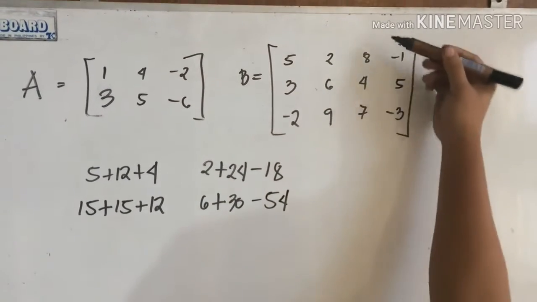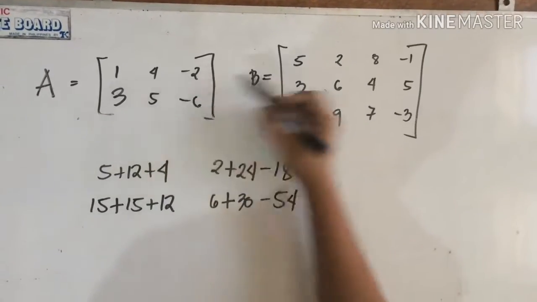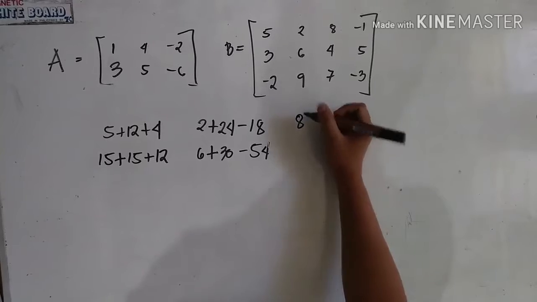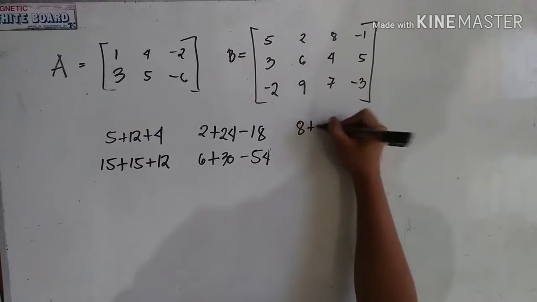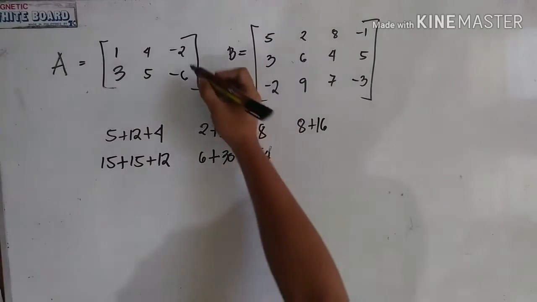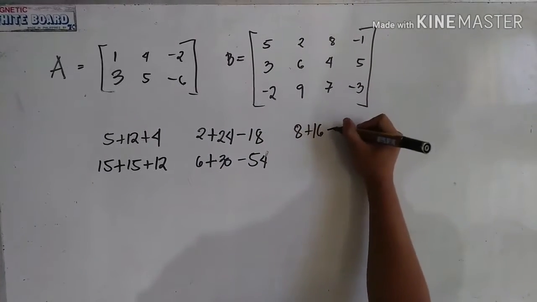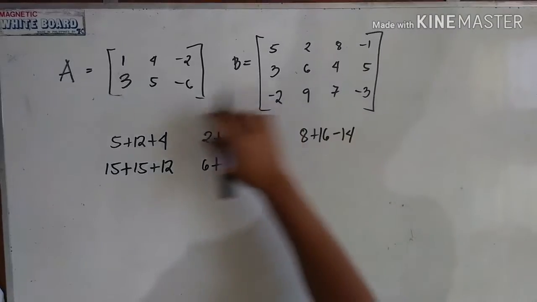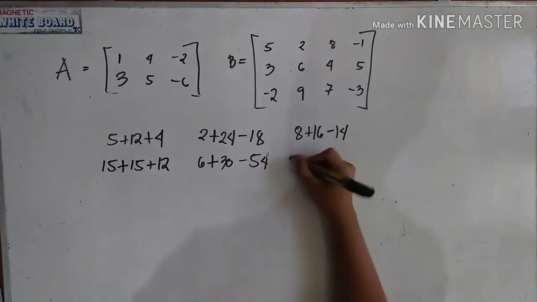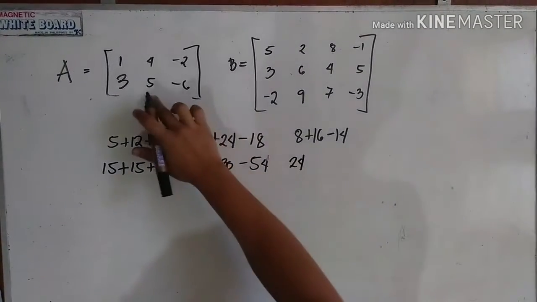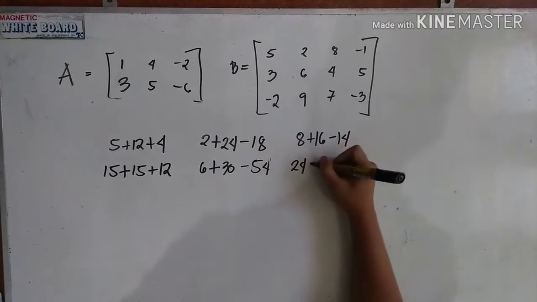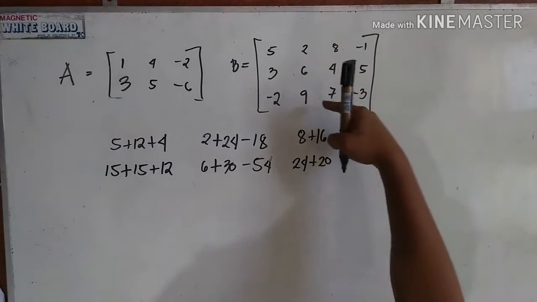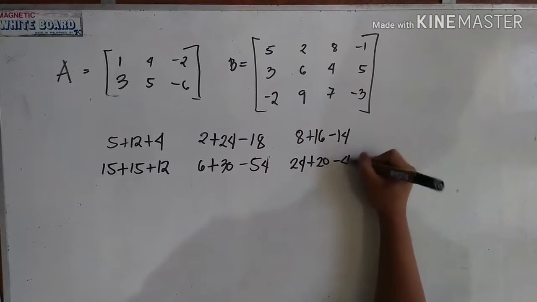Then the third column, we have 1 times 8, which is equal to 8, and 4 times 4, which is 16, and negative 2 times 7, which is negative 14. So second row, third column again, we have 3 times 8, which is equal to 24, plus 5 times 4, which is equal to 20, and negative 6 times 7, which is negative 42.